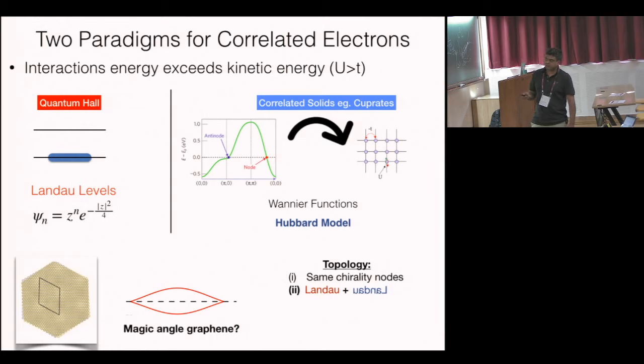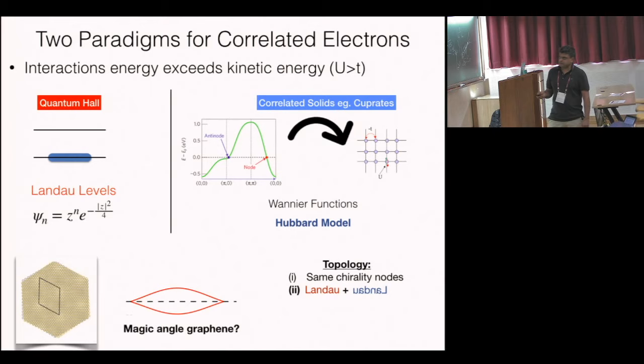Topology here is not as strong as the Chern number of the Landau levels, but it is related to the fact that these two Dirac points in magic angle graphene have the same chirality. They descend from the same node, the same valley of the two layers of graphene. Like we talked about last time, you can think of it as a combination of two Landau levels, but with opposing magnetic fields in a single valley.